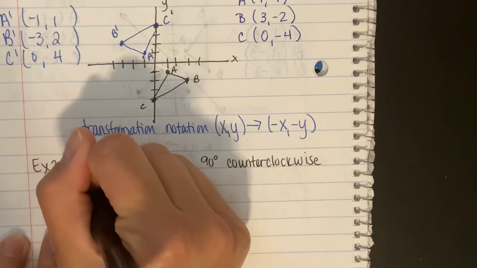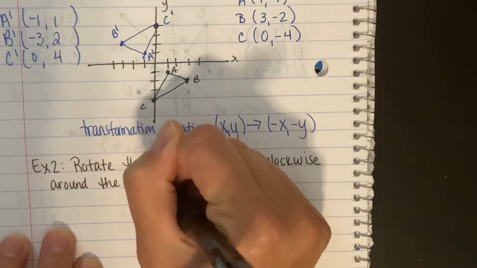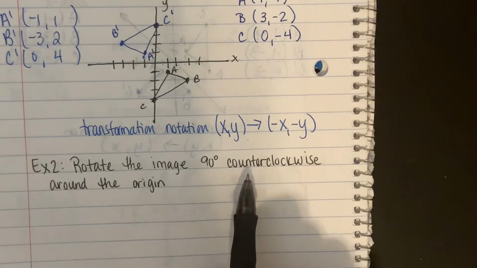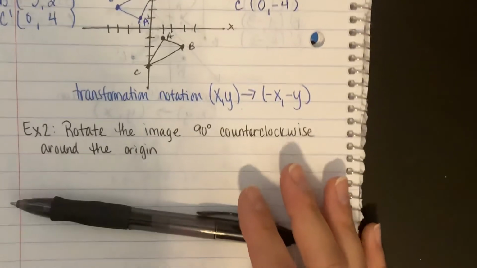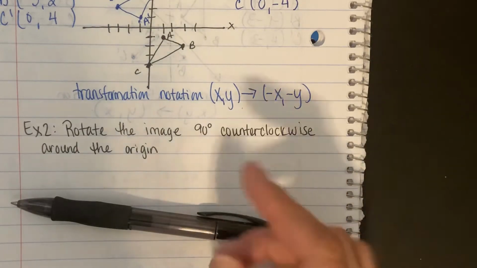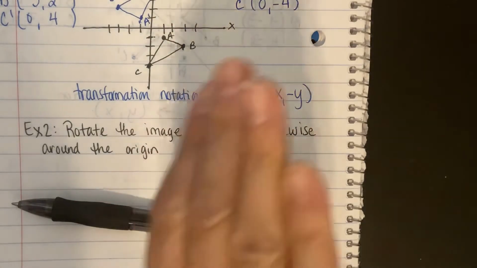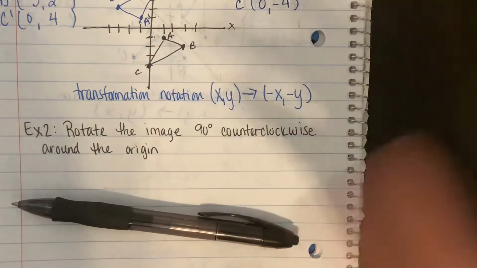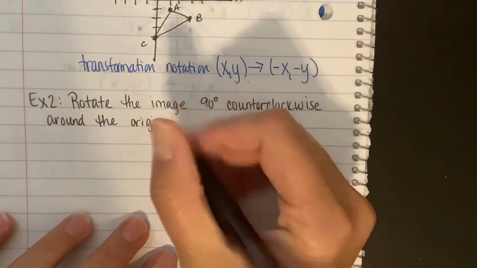Now, can anybody think of another way? So if I rotate it 90 degrees clockwise, right, that's one turn to the left. That's also the same as what other rotation? Well, one turn counterclockwise is the same as 3 clockwise, so 270 clockwise. You don't really need to know that, but I thought I'd see if you did.